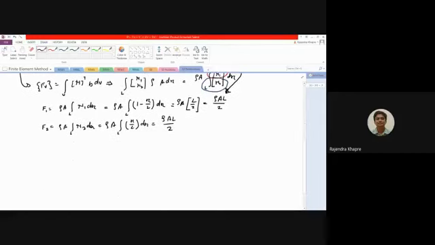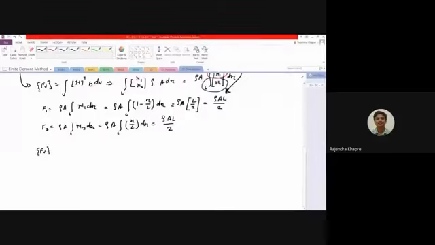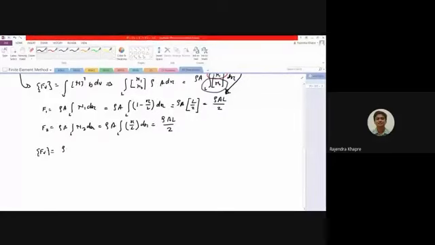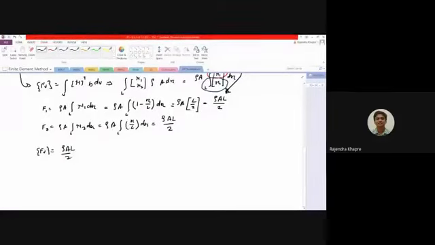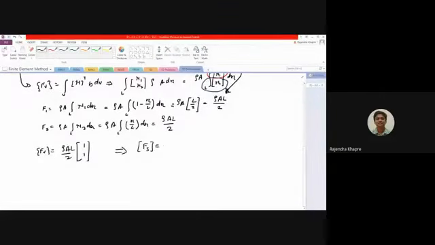So finally your FV, which is the volume load, can be simply written as rho A L divided by 2, and here you have 1, here you have 1. So this is how the volume load can be generated. Similarly, on the same lines you can also calculate the surface load.